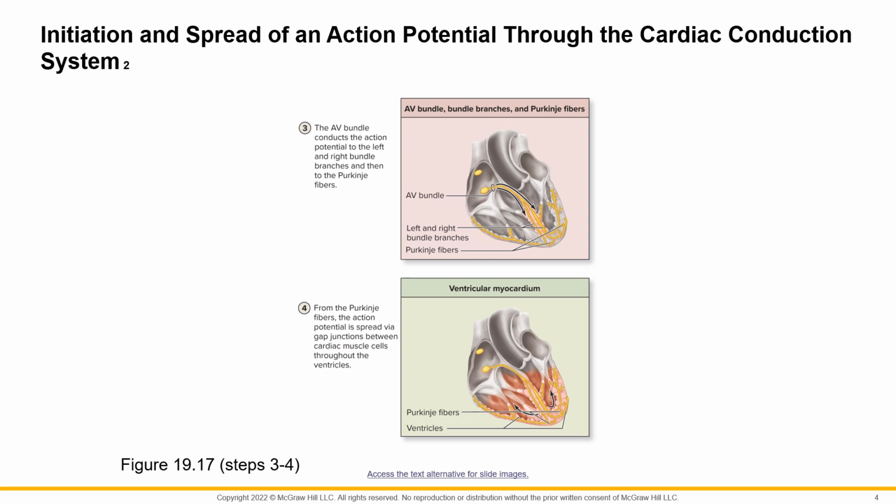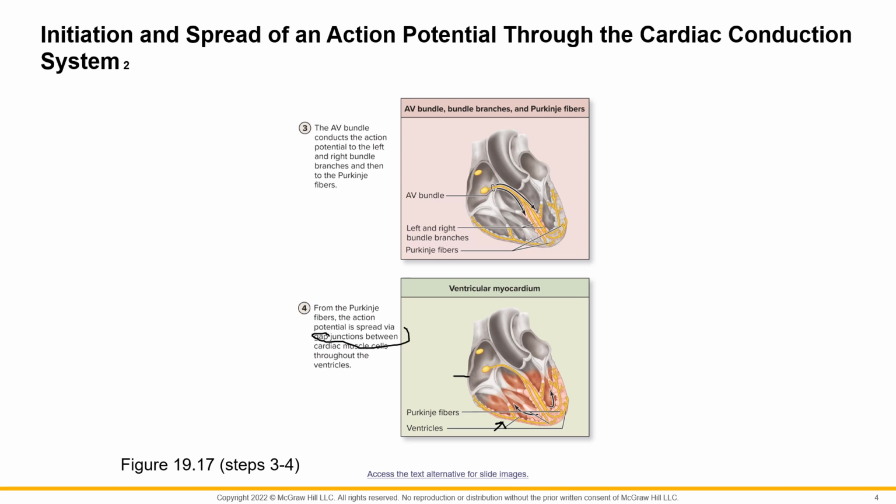So here, the AV bundle conducts that action potential and then spreads it to the Purkinje fibers, and all of your action potential, which is the sodium and calcium ions, pass through the gap junctions of the intercalated discs, and that is how action potential spreads all over the cardiac muscle in the atria as well as the ventricles.